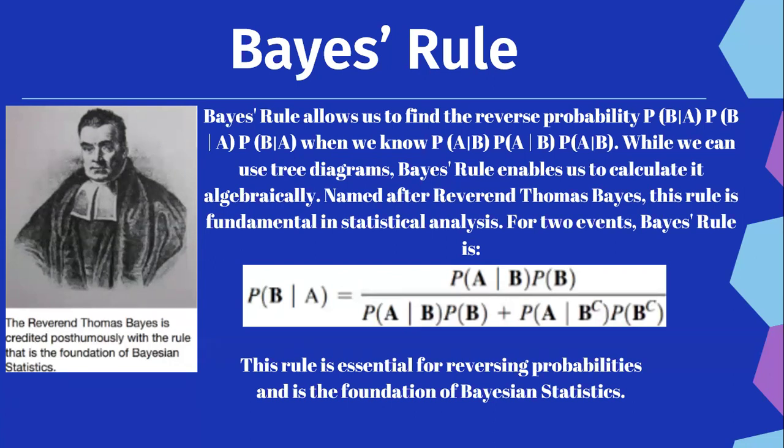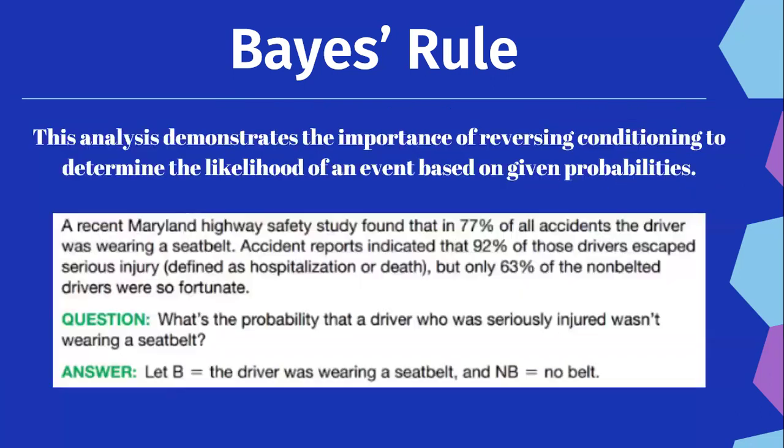Bayes' rule is here, as you can see in the picture. This rule is essential for reversing probabilities and is the foundation of Bayesian statistics. This analysis demonstrated the importance of reversing conditioning to determine the likelihood of an event based on given probabilities.